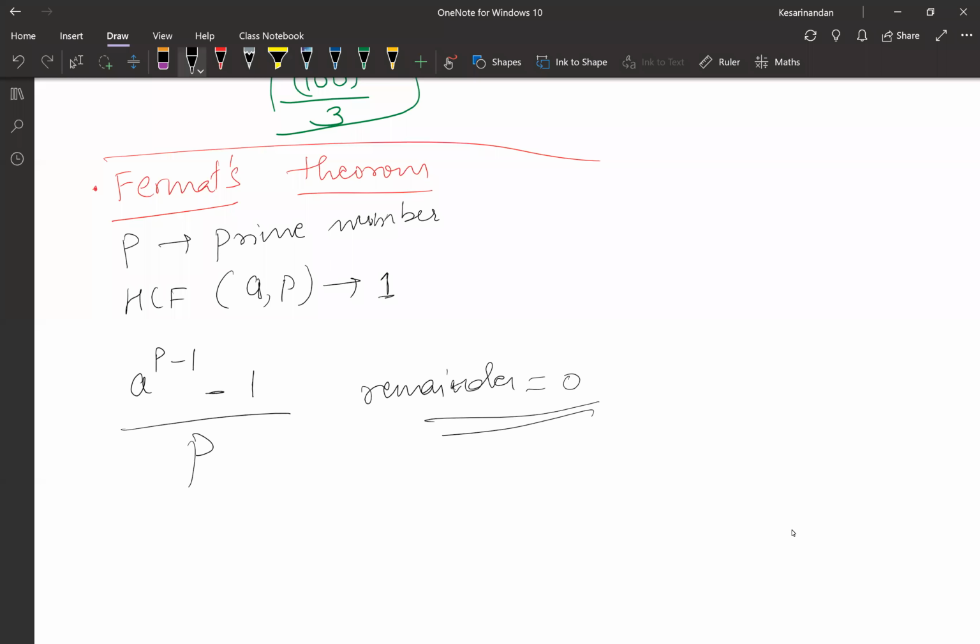This works always, guys. Whenever you have A raised to P minus 1, minus 1, divided by P, the remainder will always be 0. This is a special case and will help you a lot.